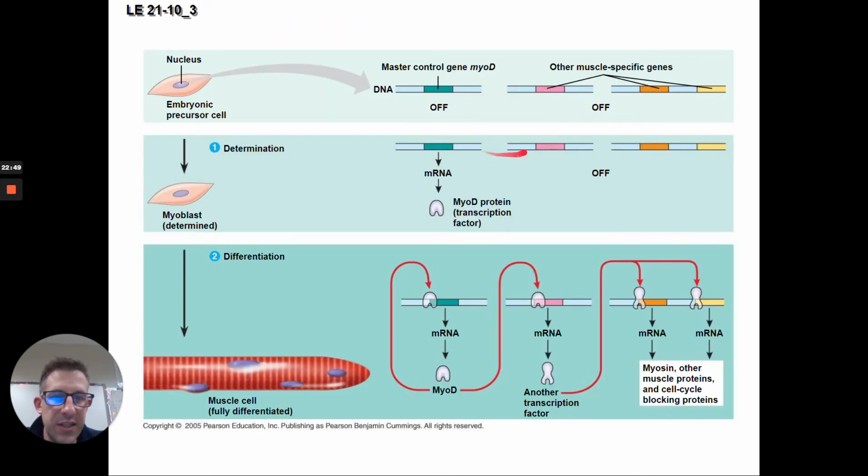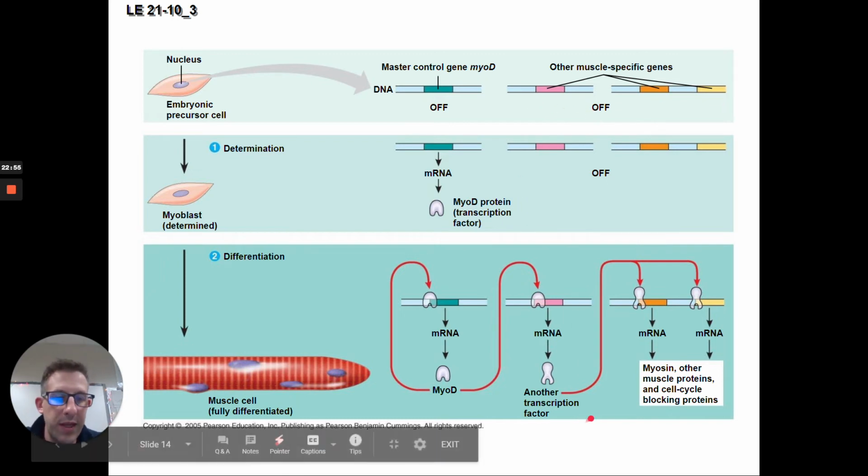We took all these genes and we turned them on. We regulated them. We made them active. And when we made them active, myosin and actin and any other muscle-specific proteins were actually created and put into the cell body. Okay? As you can see, he's definitely changed. He's gotten much bigger. He's got all this cool new stuff inside of him, and it helps him become a muscle. Okay?